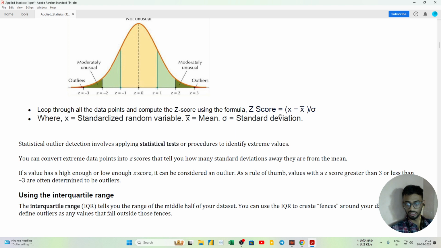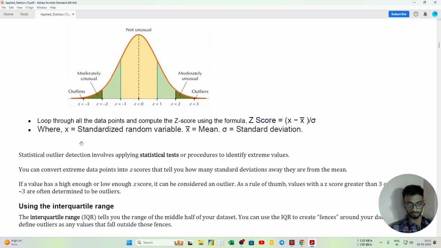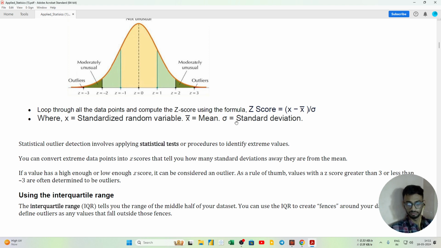The z-score is basically nothing but x, the individual point of the data, minus the mean of the data, divided by the standard deviation.